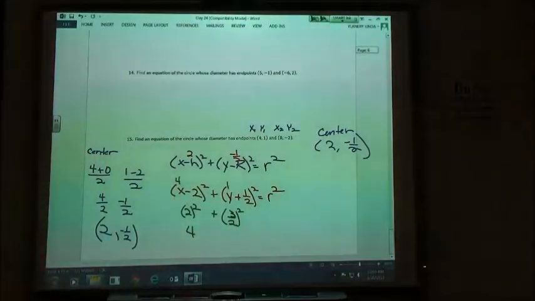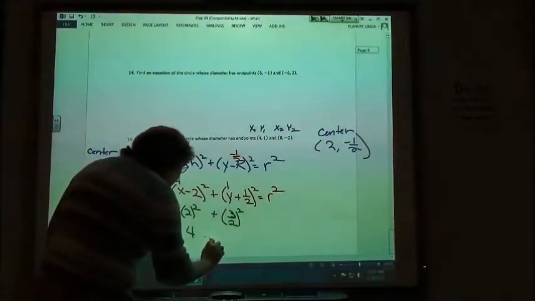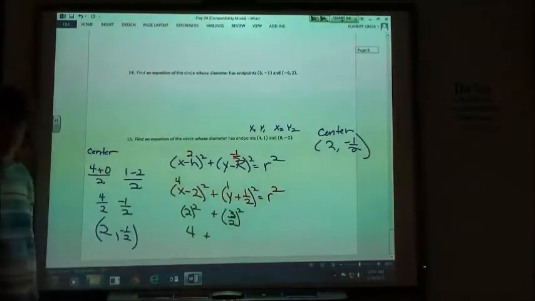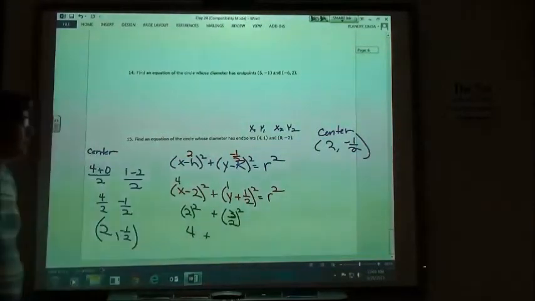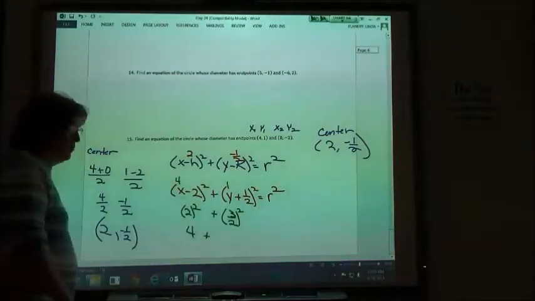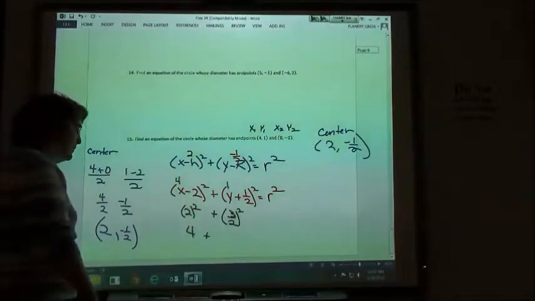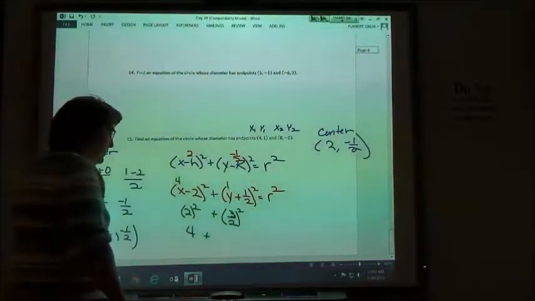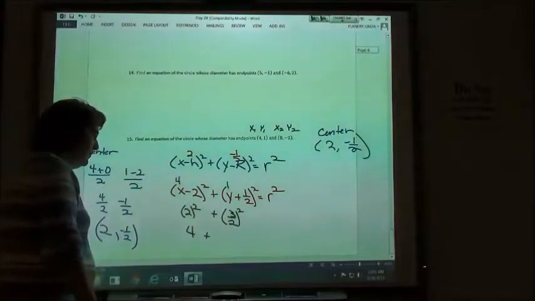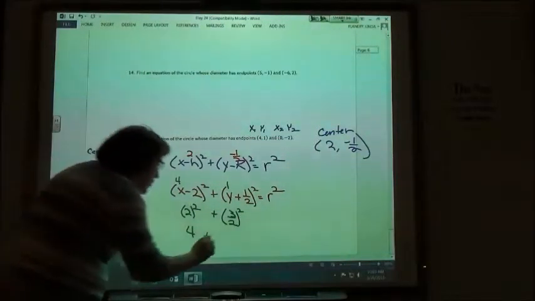If I take 3 halves and square it, I would get 9/4.